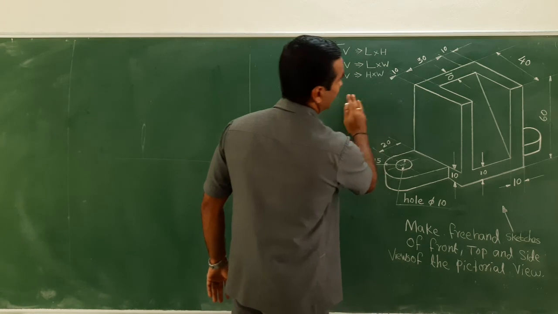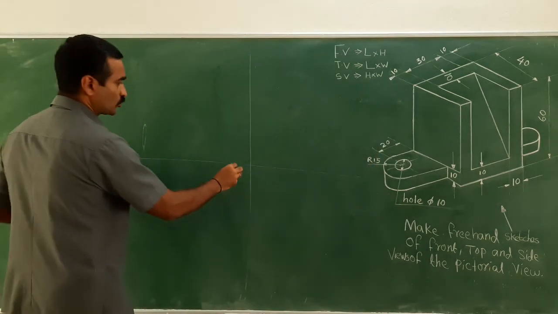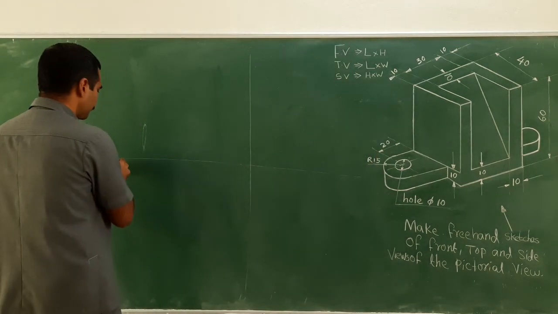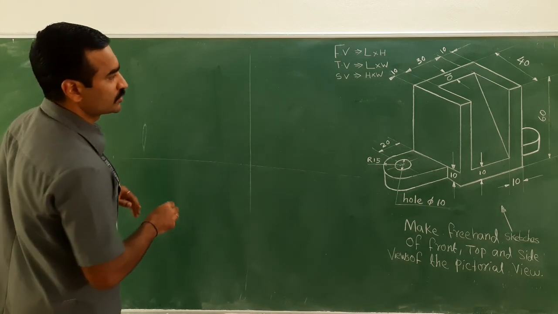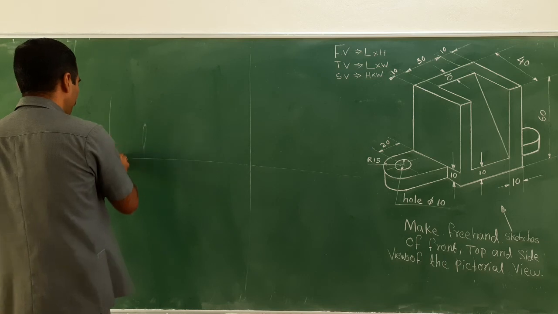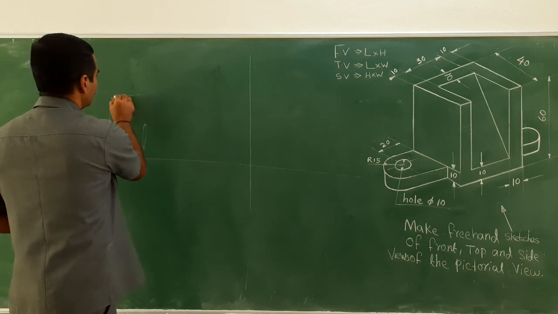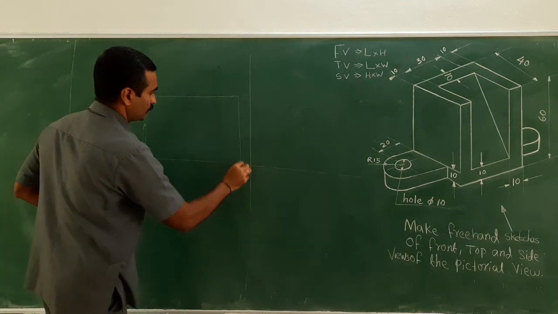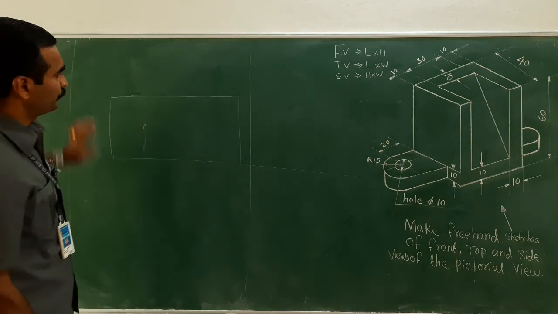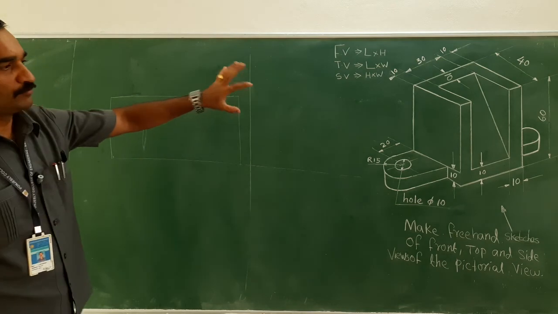So 120 by 60. So this could be 120, right? And the height is 60 mm. So within this box only, I will frame the front view.